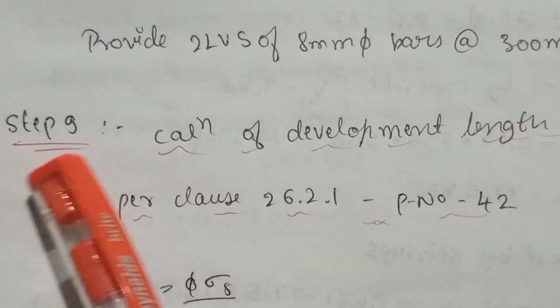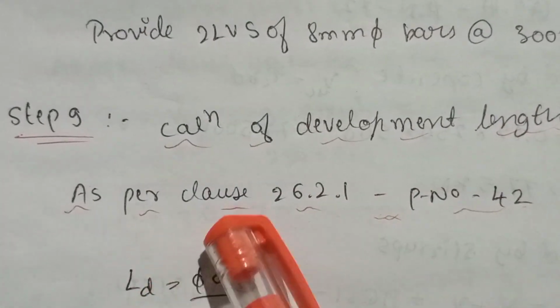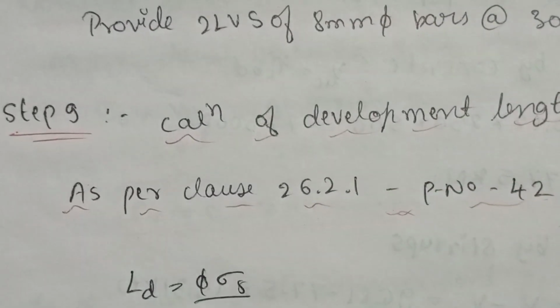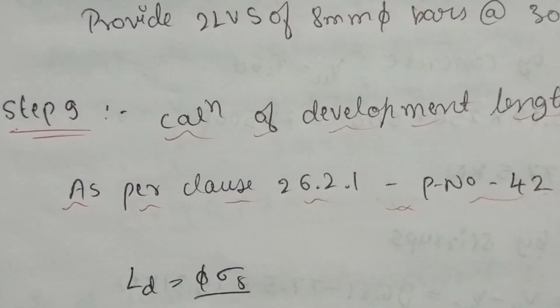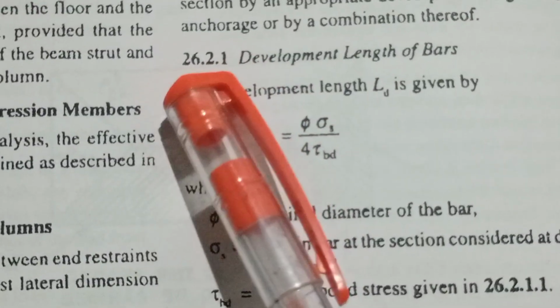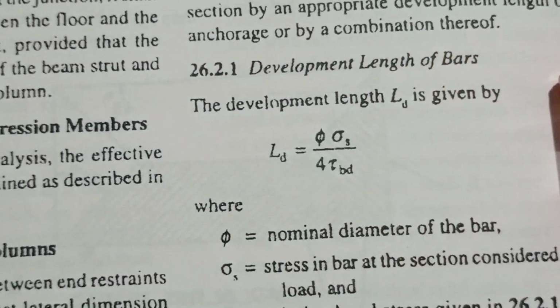And step 9, next step is to calculate the development length. For that, as per clause 26.2.1, page number 42, what it says, we will see. This is the page number 42, clause 26.2.1, development length of bars.